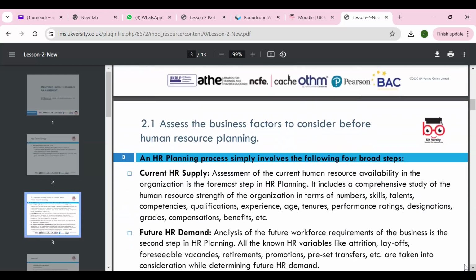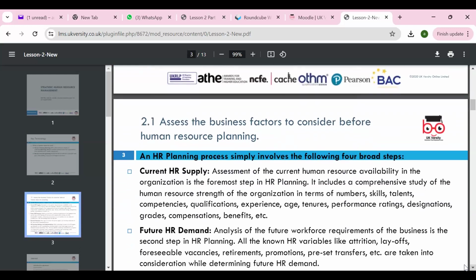Then we have 2.1, which is to assess the business factors to consider before human resource planning. An HR planning process simply involves the following four broad types. Current HR supply: assessment of the current human resource availability in the organization is the foremost step in HR planning.